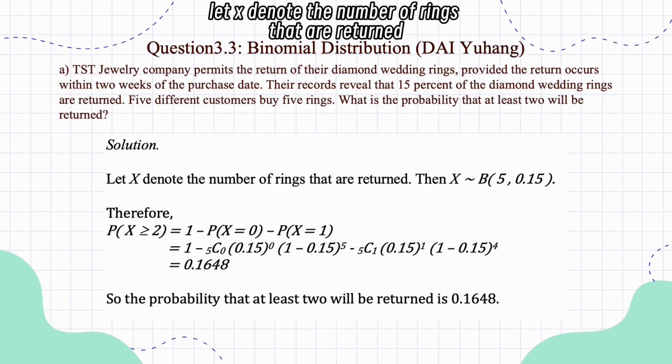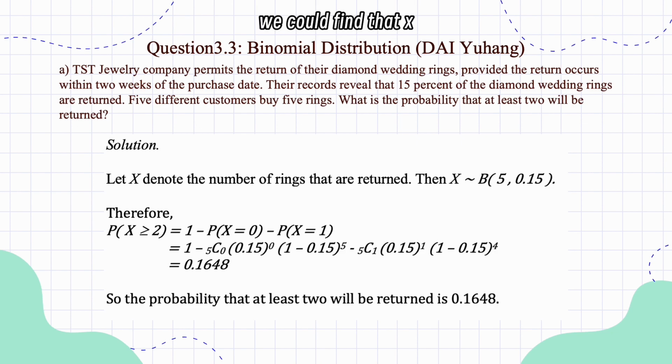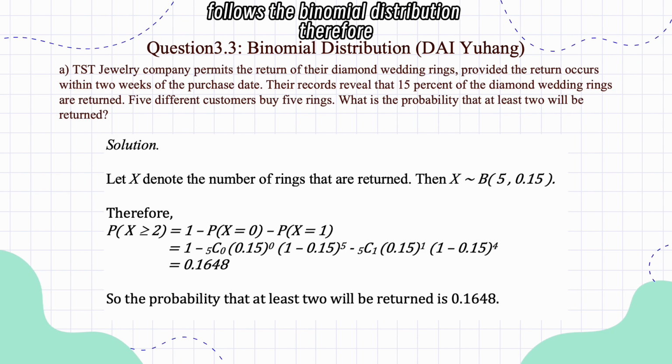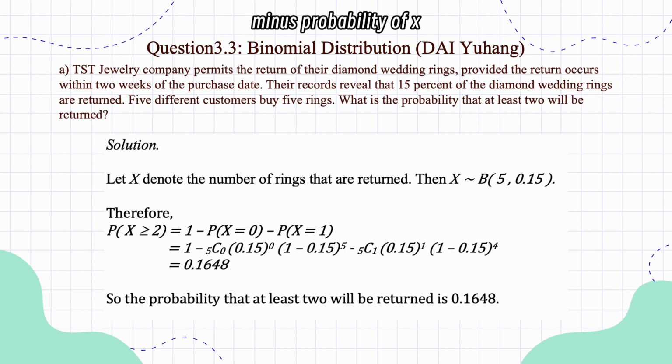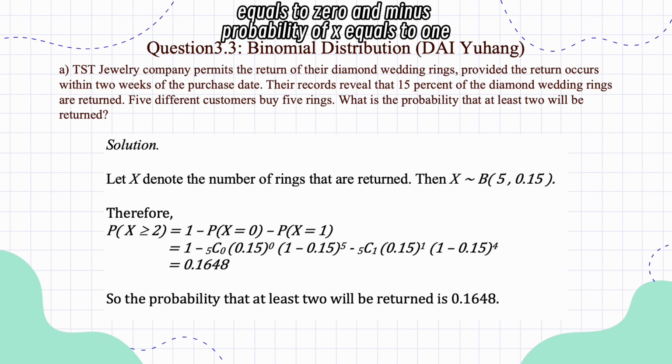Let X denote the number of rings that are returned. Then we can find that X follows the binomial distribution. Therefore, the probability of X greater than or equal to 2 equals 1 minus the probability of X equals 0, minus the probability of X equals 1.